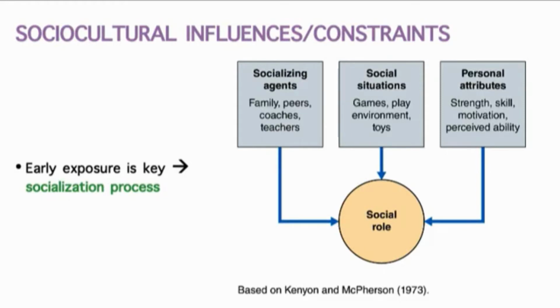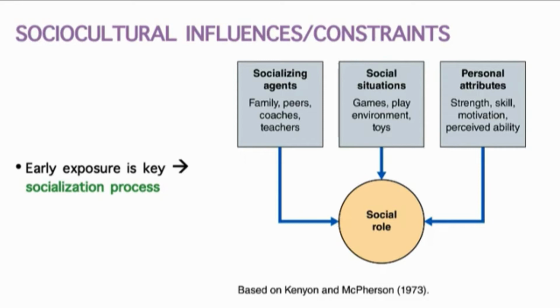So there are three major elements that are going to lead to an individual learning their societal role. We have socializing agents, which could be family, peers, coaches, teachers, pretty much anyone who's going to have influence, or people that you would socialize with. We have social situations, which is more the places where the socialization takes place, right?